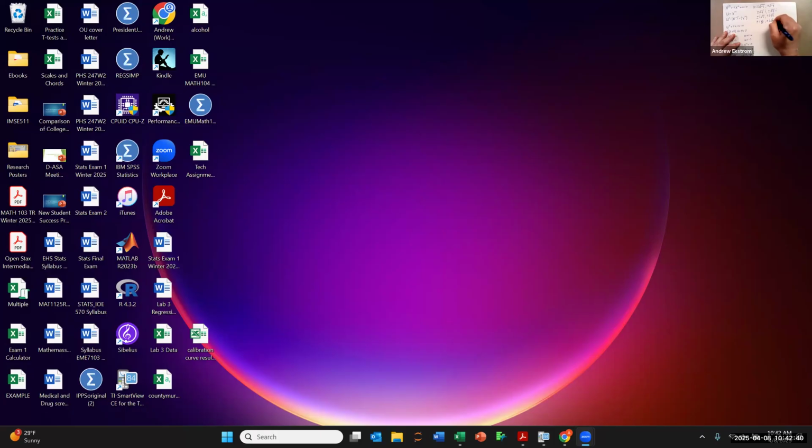So square root of 1 over square root of 2, and square root of 1 over square root of 3. Square root of 1 is 1. So that's 1 over root 2 and 1 over root 3.